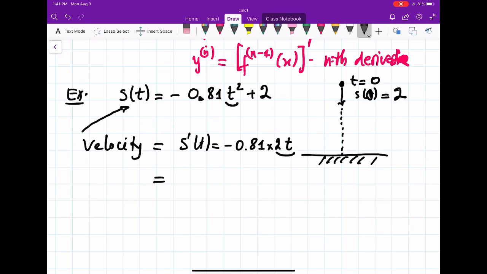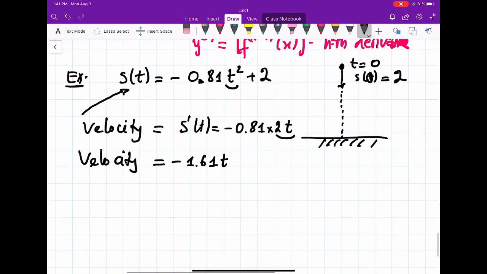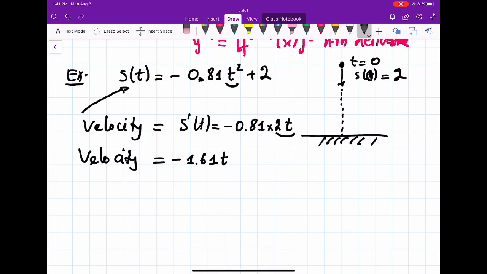So you have negative 1.62t. That is the velocity. And if you differentiate the velocity, you get the acceleration. Here you get the acceleration, that means the rate of change of the velocity. So you have negative 1.62.